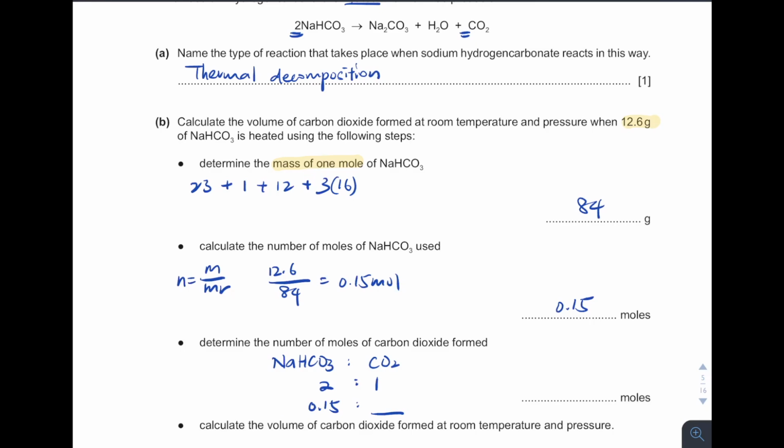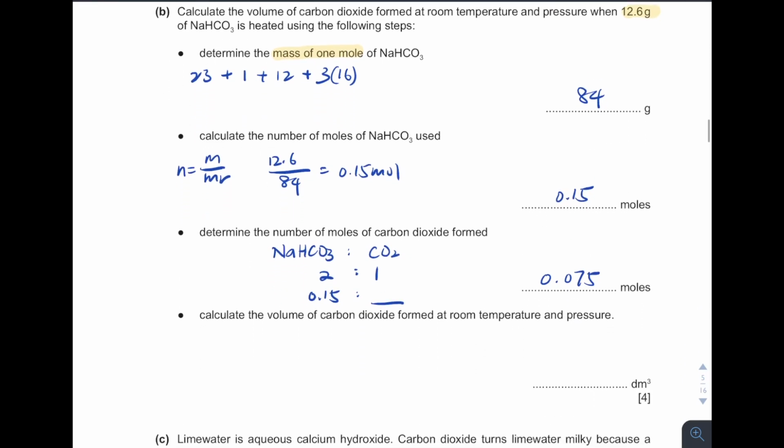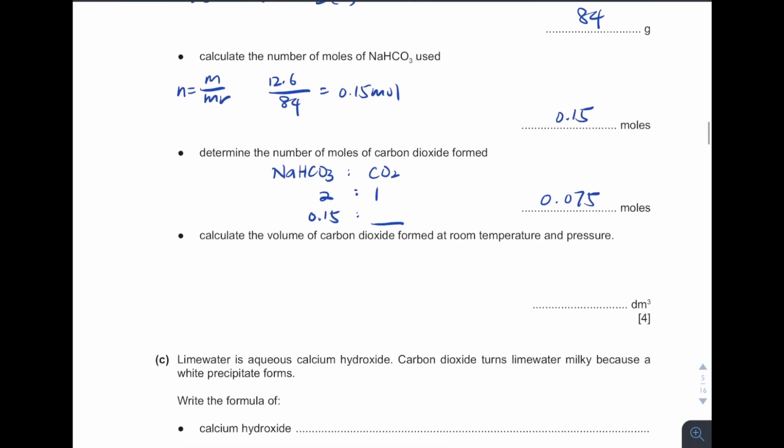So 0.15 divided by 2, we get 0.075. Then calculate the volume of carbon dioxide. For the volume of gas, the formula is n equals V over 24 dm3. So 0.075 equals V divided by 24 dm3, so eventually the volume equals 1.8.